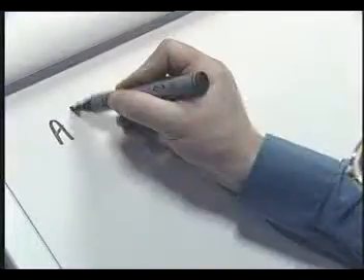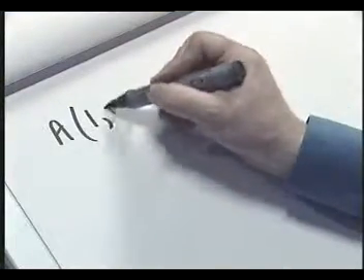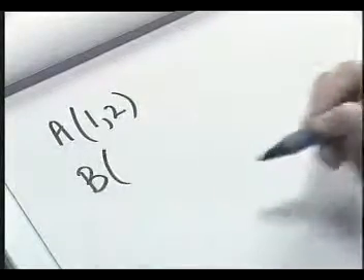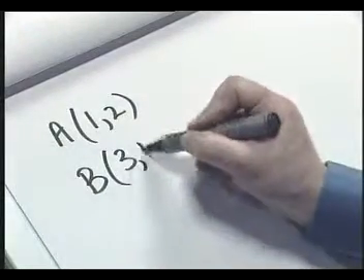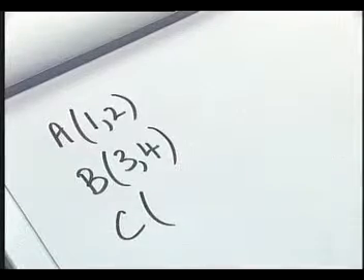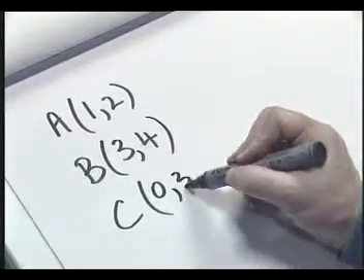Let's just have a look at an example. Let's have 3 points. Supposing A is the point 1, 2, B is the point 3, 4, and C is the point 0, 3.